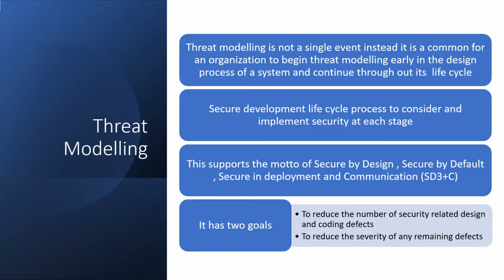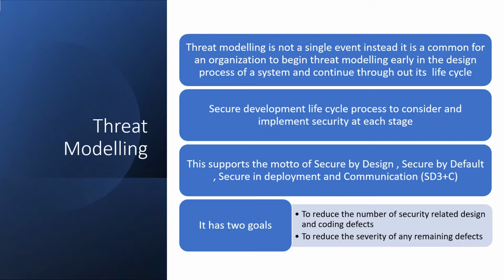When does this modeling need to be started? Threat modeling is not a single event, but it's common for an organization to begin threat modeling early in the design process of a system and continue throughout its life cycle.